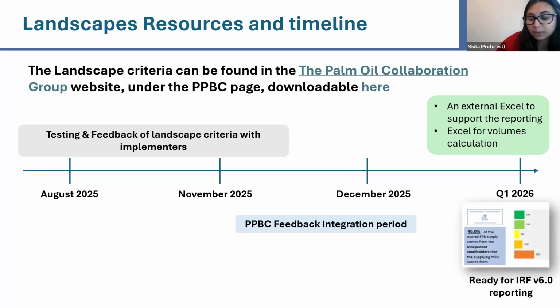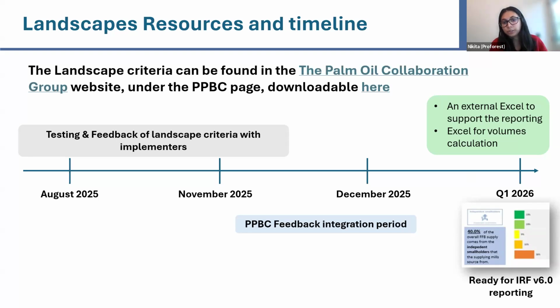Going into the timeline for the landscape criteria: from August to November, we are currently going through a feedback period of the criteria with landscape implementers. We have a survey available for the implementers to provide their feedback on the POCG website. Once we have collected all of the feedback, we'll go through an integration period towards the end of the year, in November and December.